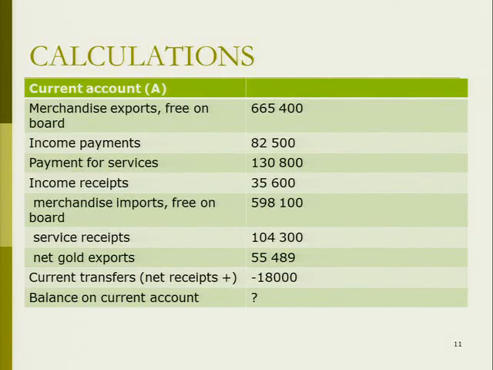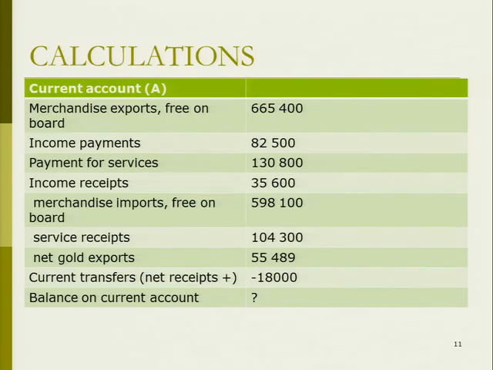Because I already knew that I have ME, NGSI, MENGSI, for me to understand this one, I must first do what? Add merchandise export, add net gold, add service receipt, add income receipt, and subtract what?